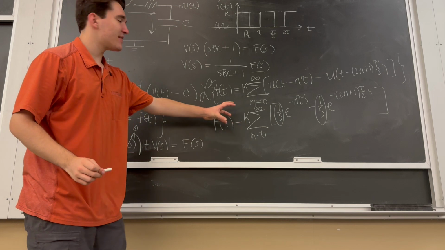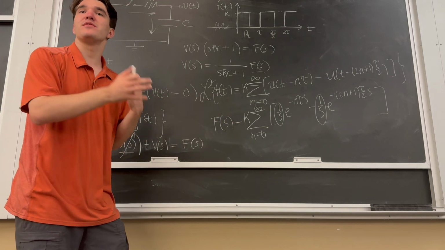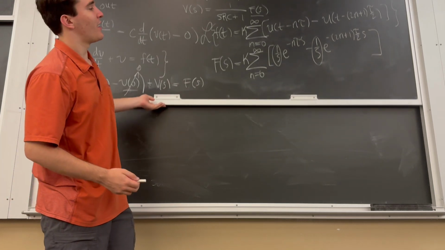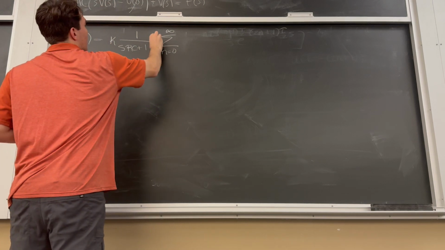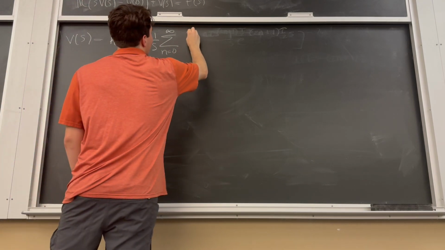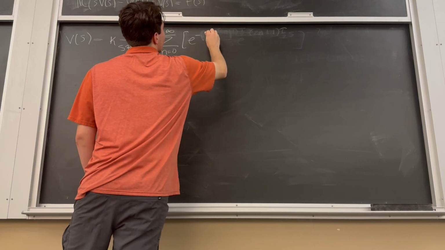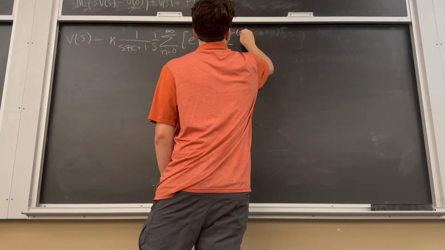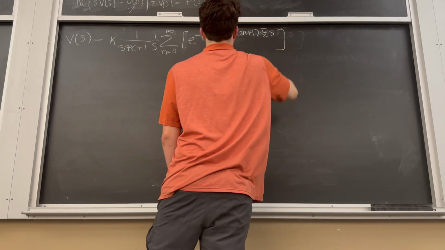I'm going to factor them out of the summation as well. Multiplication is also a linear operator, so multiplication can pass through a summation as well. So I'm going to just factor those out there, and then I'm going to have negative n tau s minus e to the negative 2n plus 1 tau halves s, close the summation.